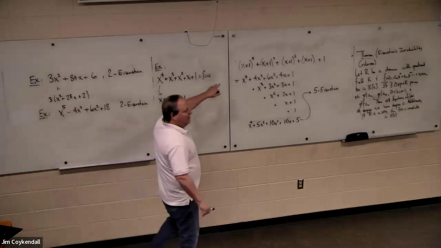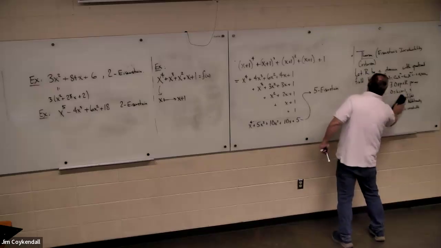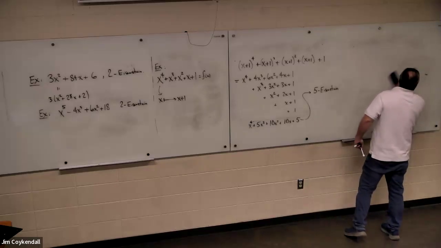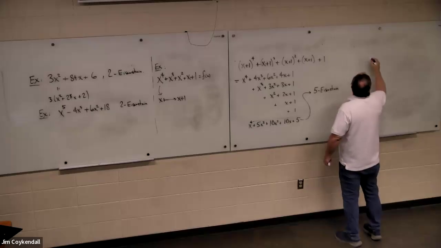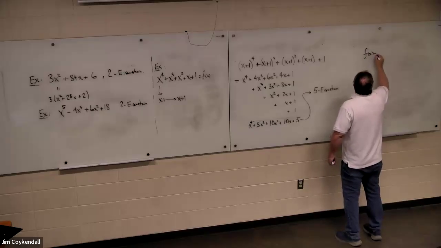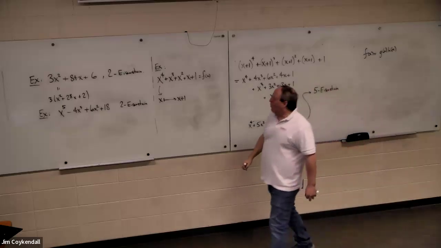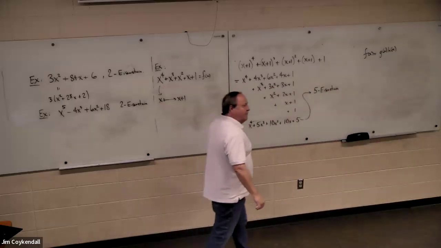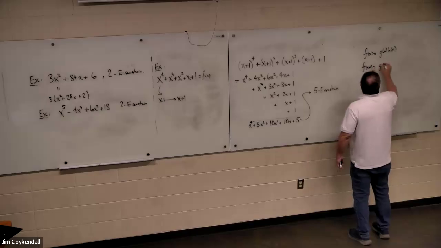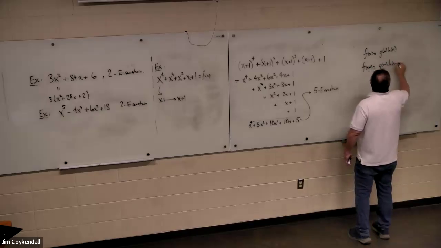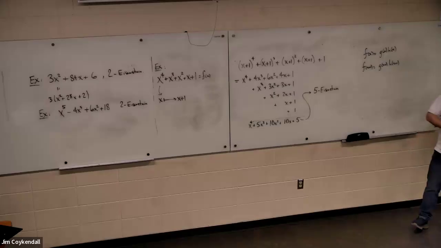So this polynomial is irreducible. If f of x, the original one, if that reduced, then that would mean that f of x plus 1 is g of x plus 1 times h of x plus 1, which would mean that that would reduce here. And we've shown that that can't be the case.